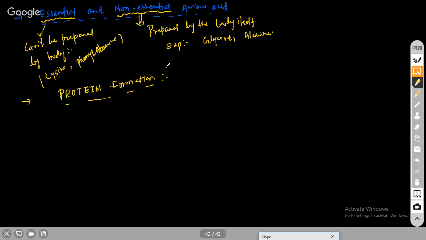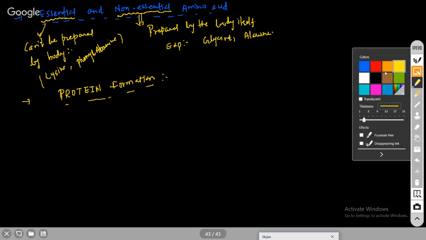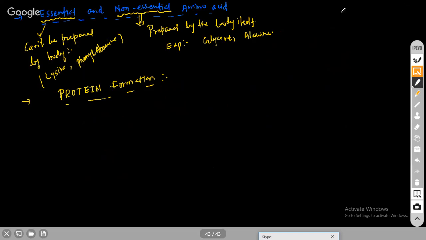Now you see here, suppose the one amino acid we have is H2N, C, here we have some group, suppose G1, and here we have carboxylic acid, C double bond OOH, hydrogen.